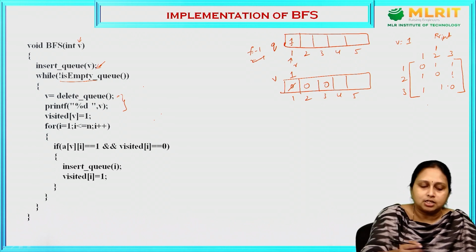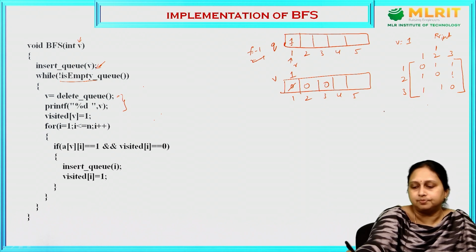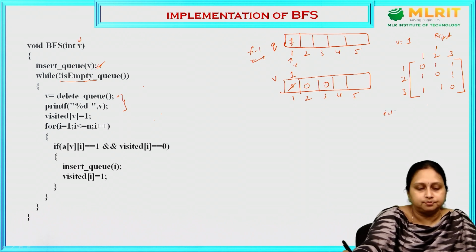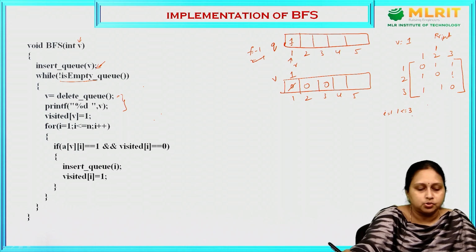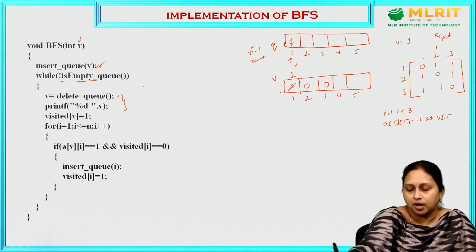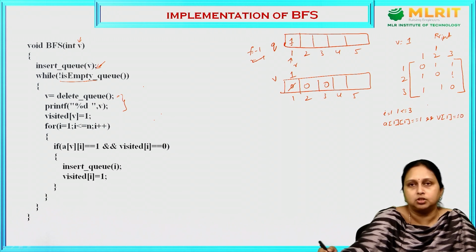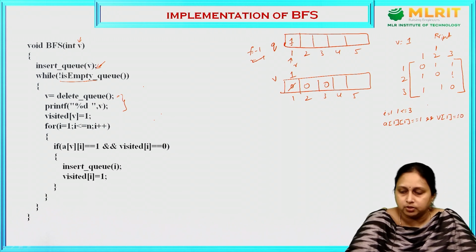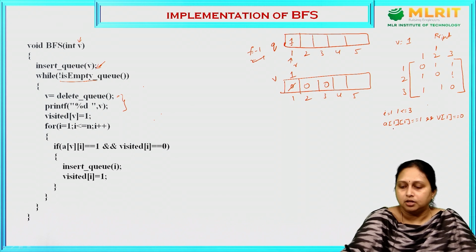Now, I starts from 1 onwards, I equal to 1, 1 less than or equal to 3, so it will enter the loop. A of V, V is nothing but the 1 value, and I value is also 1. And visited of I is nothing but visited of 1 equal to 0. This is the condition it is going to check. A of 1,1 value is nothing but 0.